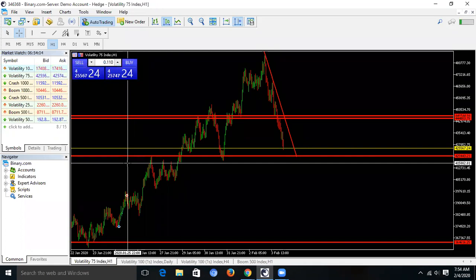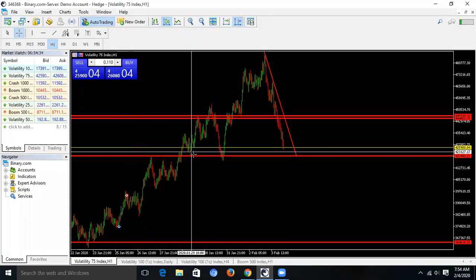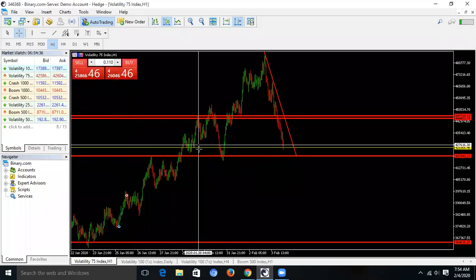Now let's put our stop loss at 41802.81. Our take profit should be very short because the market is in a downtrend.